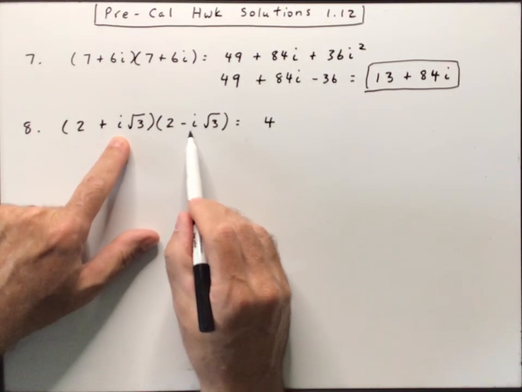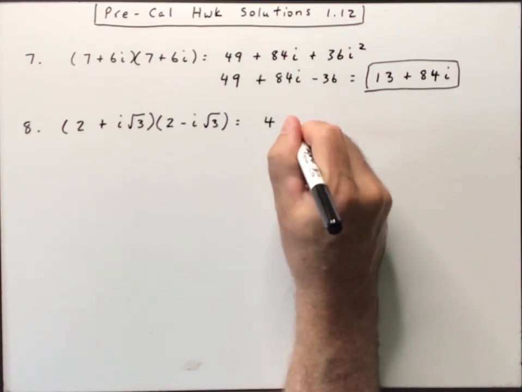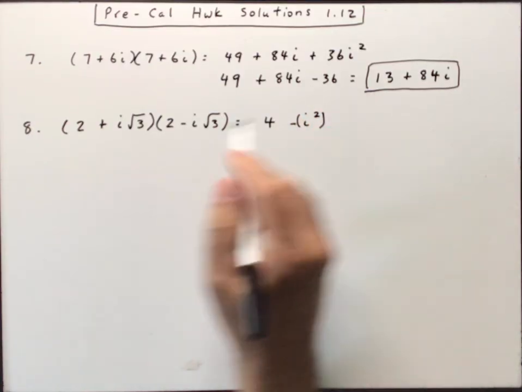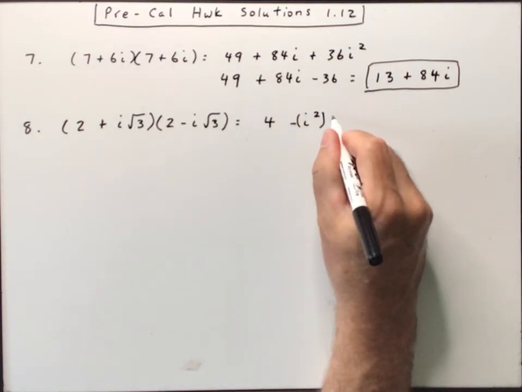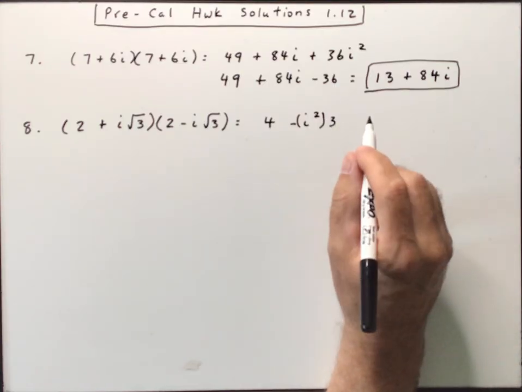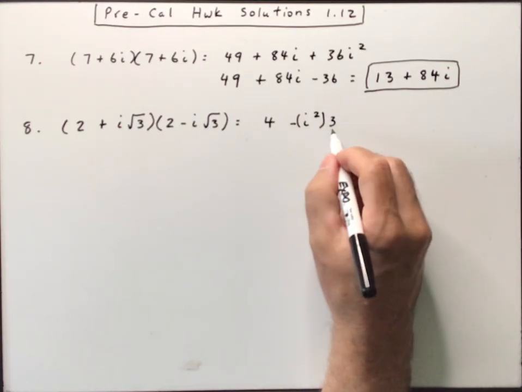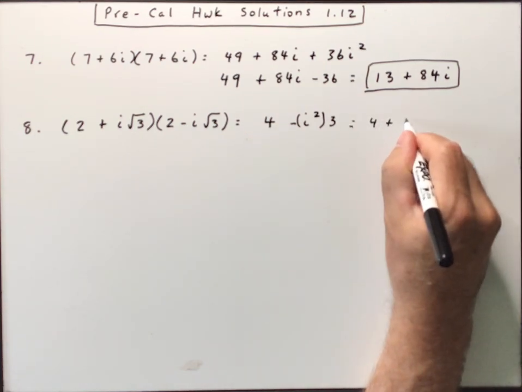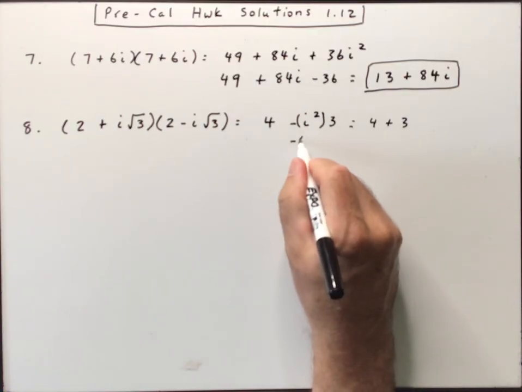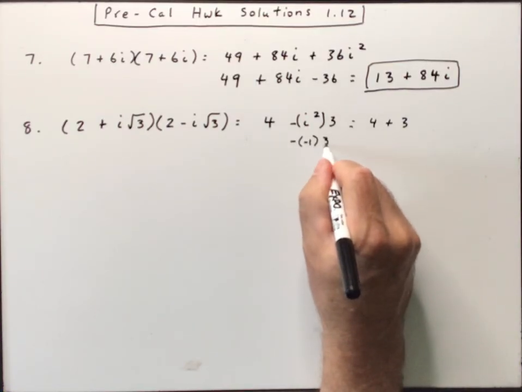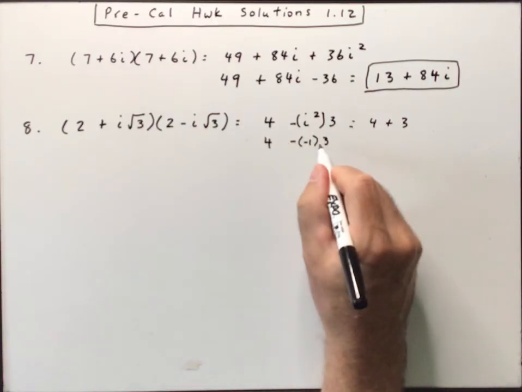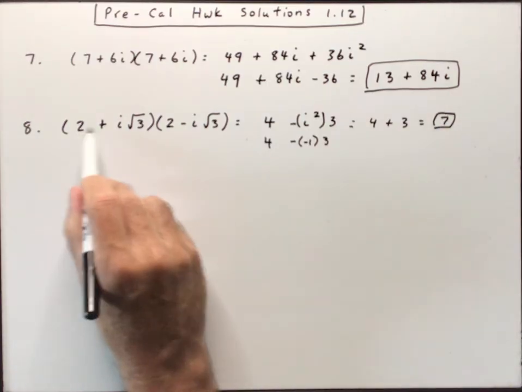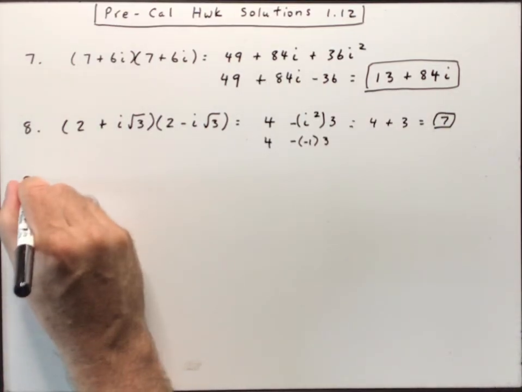And then we have i times negative i, which would be minus i squared, times the square root of 3 times the square root of 3, which is 3. So the radical lifts. Negative 1 is positive 1, so this is just 4 plus 3, right? This is going to be negative 1 times negative 3, so that's 4 plus 3, which is 7. So wow, that multiplied out just turns into 7. Pretty cool.